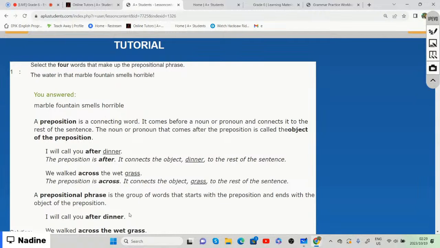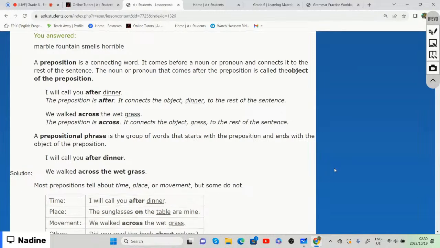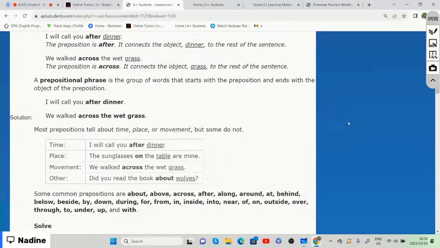A prepositional phrase is a group of words that starts with the preposition and ends with the object of the preposition.